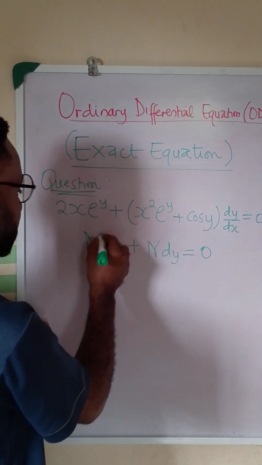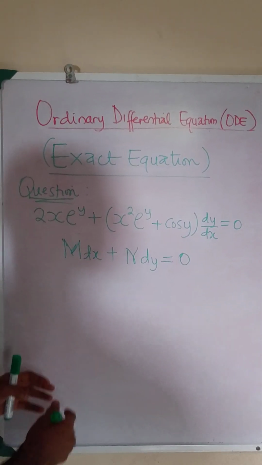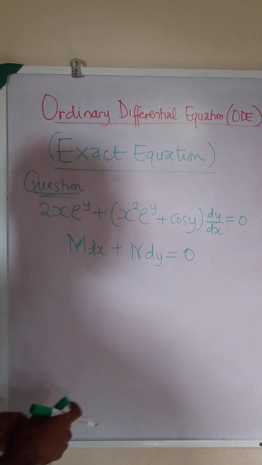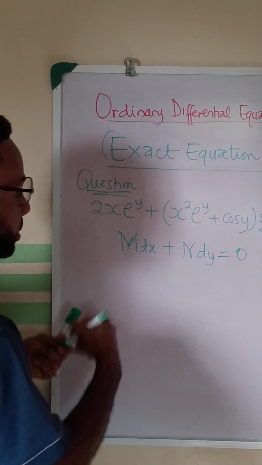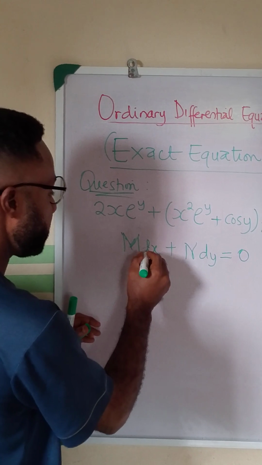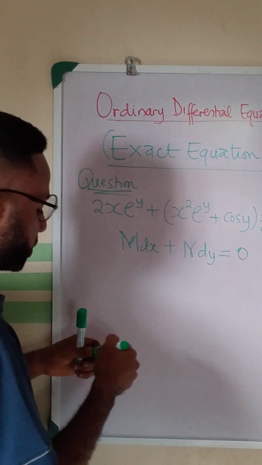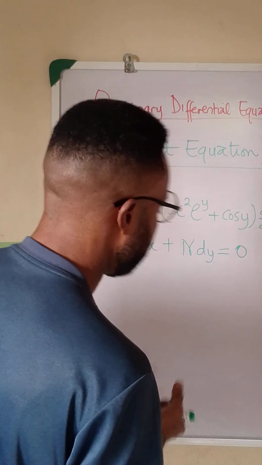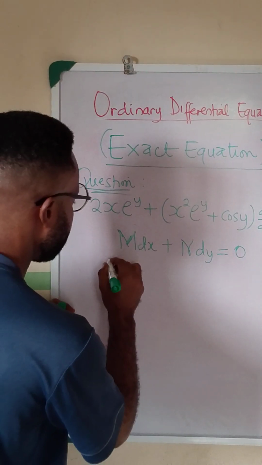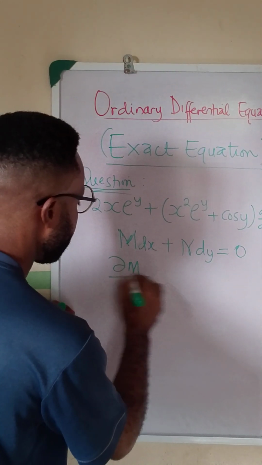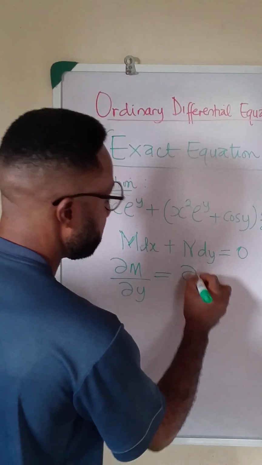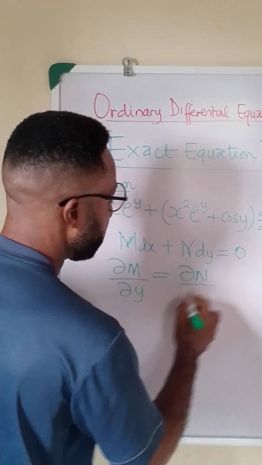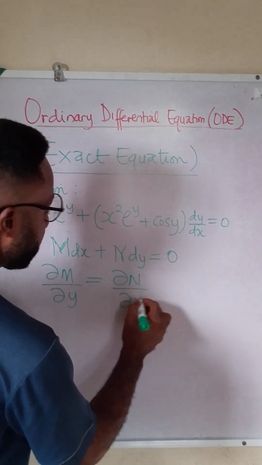So the two basic formulas you have to take into consideration when solving an exact equation are, first, M dx plus N dy equals 0. And for you to say it is an exact equation, the partial derivative of M with respect to y must be equal to the partial derivative of N with respect to x.